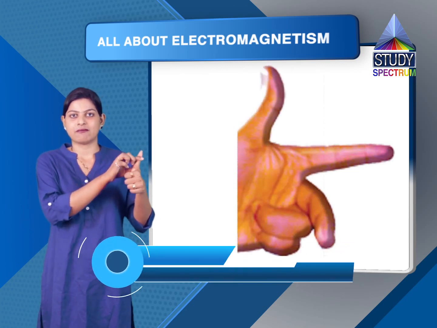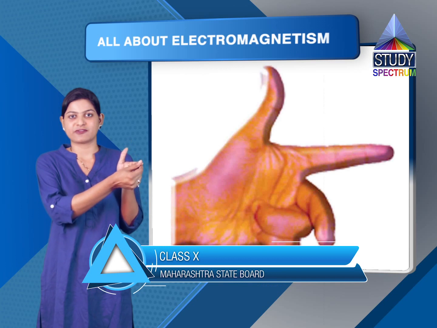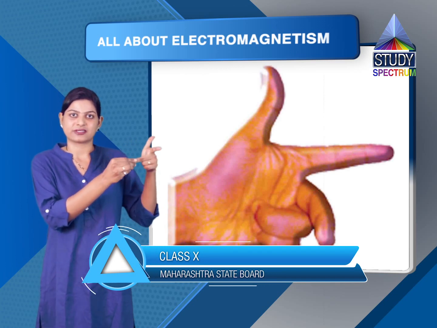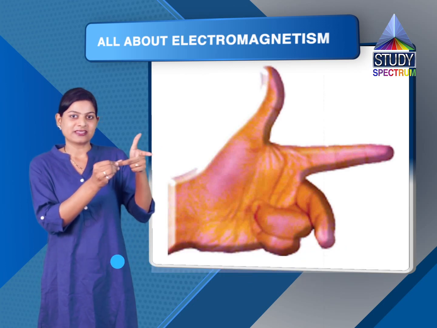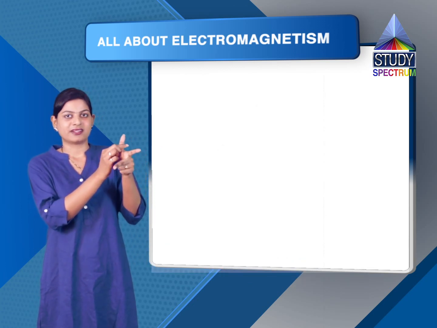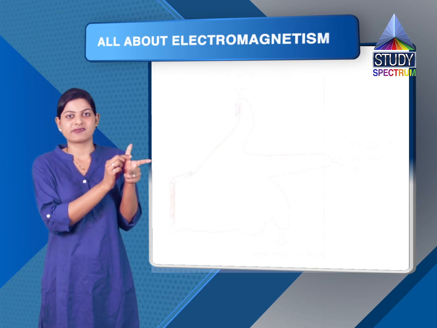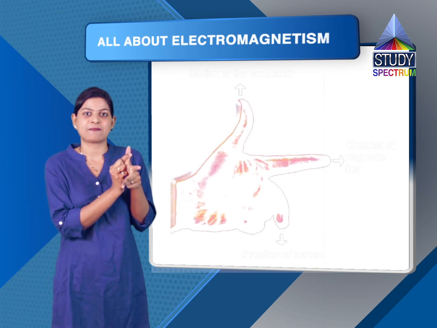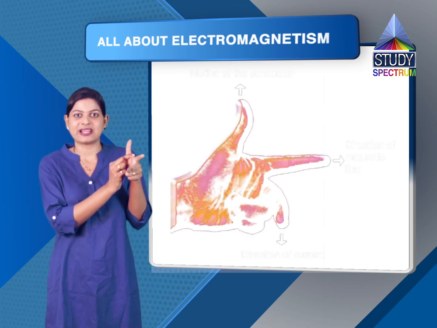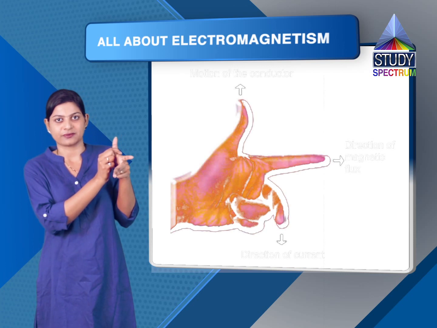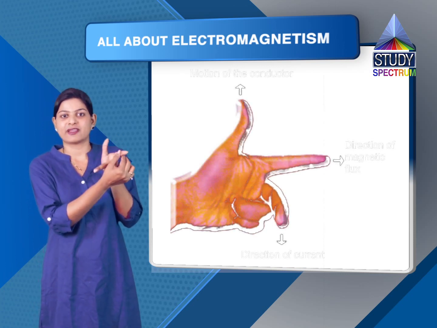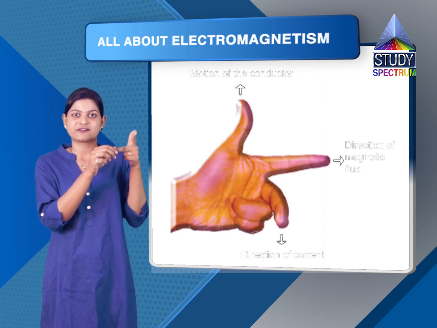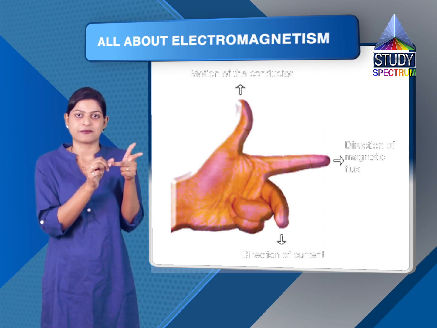First stretch the thumb, then the first finger and then the second finger, all perpendicular to each other. The direction of the thumb gives the direction of the mechanical work done or the force applied. The force applied is in the upward direction, whereas the first finger gives the direction of the magnetic field and the second finger gives the direction of the electric current.